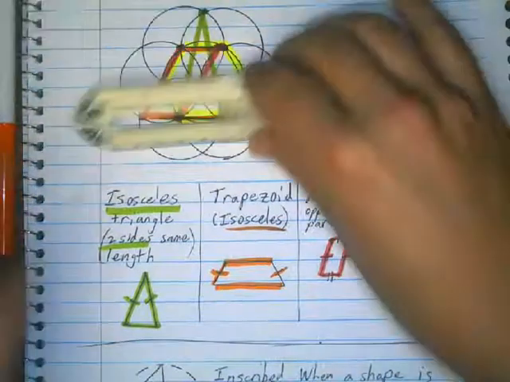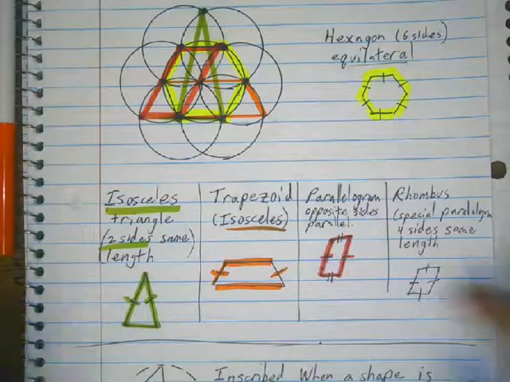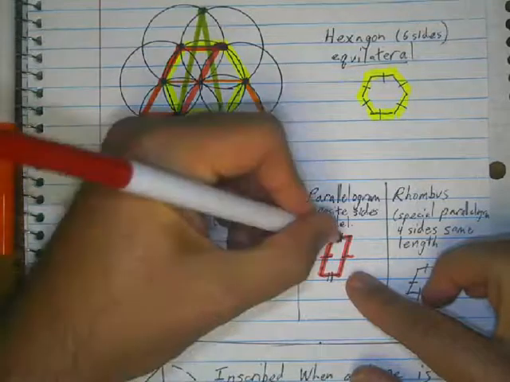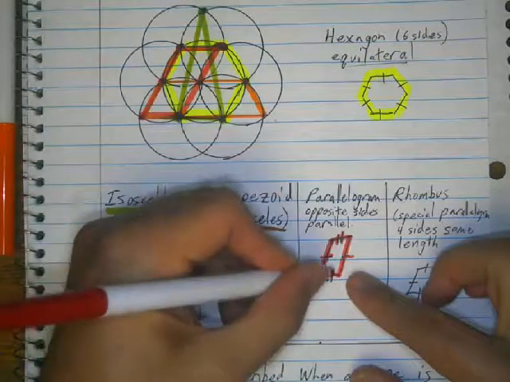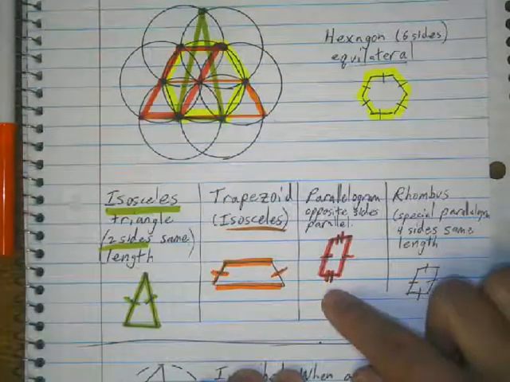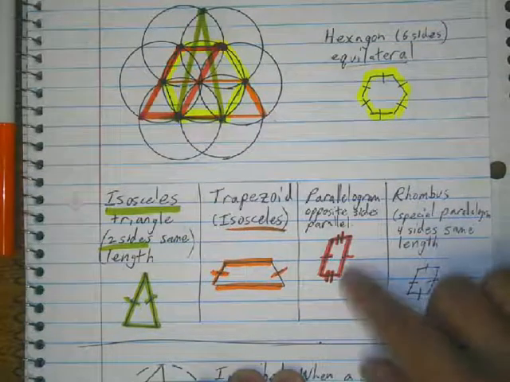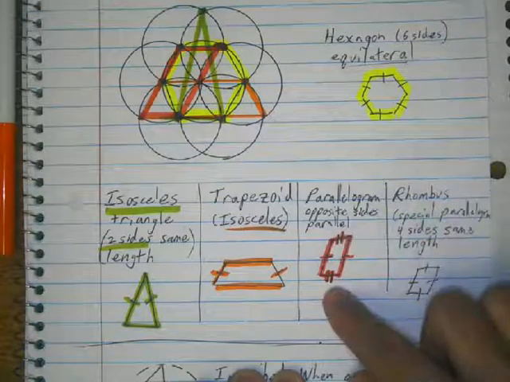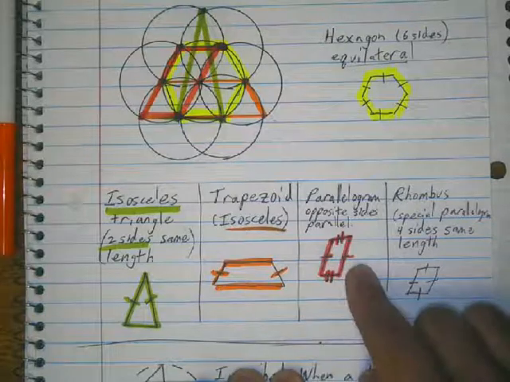Okay, there are quite a few different parallelograms on this shape, and to denote that the opposite sides have the same length, I've put the same type of mark on opposite sides. This side is the same length as this one, and this one's the same length as that one.